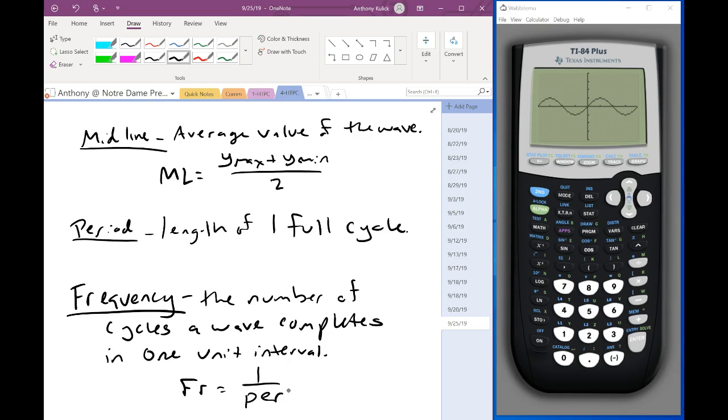The easier way to remember that is just that the frequency and period are reciprocal. So the frequency is 1 over the period, or the period is 1 over the frequency. That's usually much more practical.